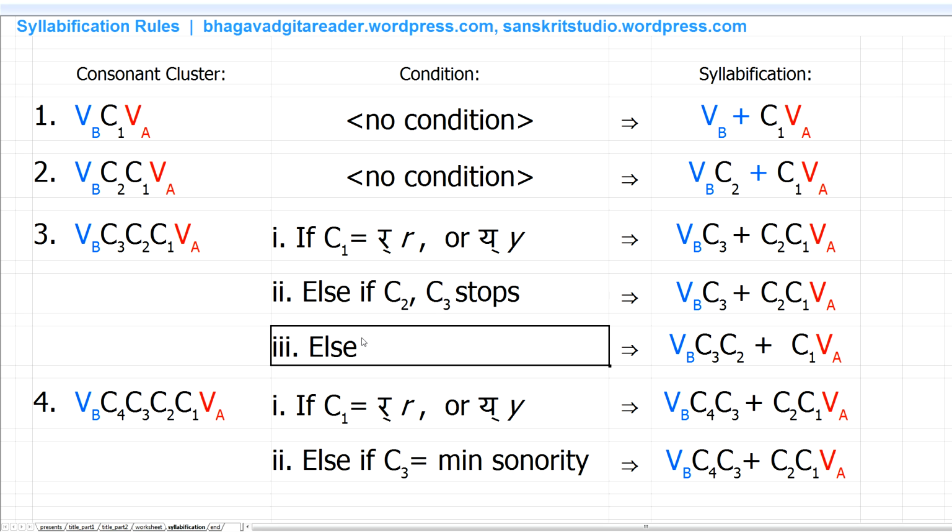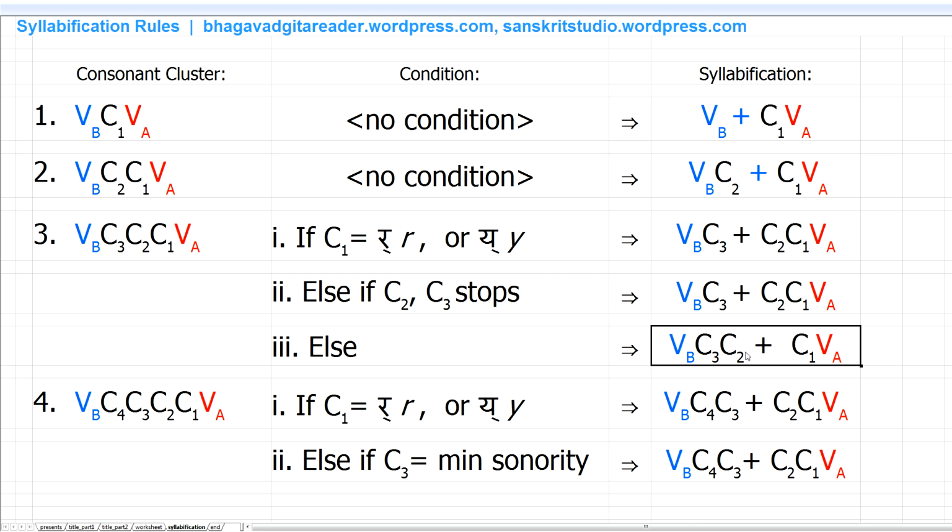Therefore we have to apply condition 3, whose rule is that C1 has to move to the right together with the vowel, and C2 and C3 have to go to the left.